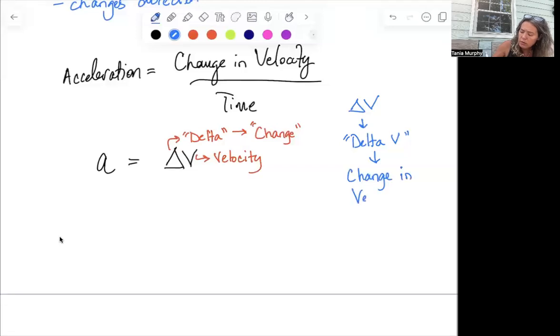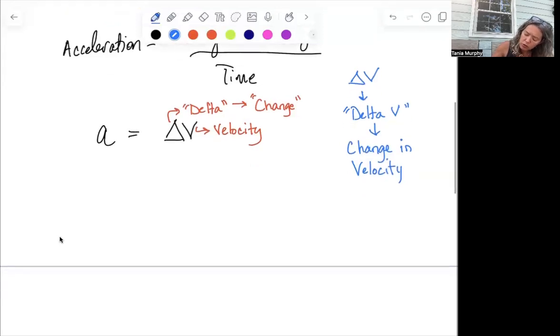When you get your change in velocity, let me do that differently. It'll be your velocity 2 minus your velocity 1. This is your final. This is your initial. This is your first speed.